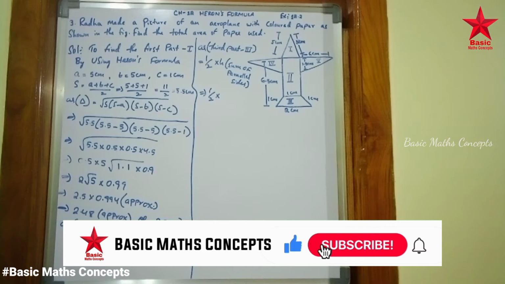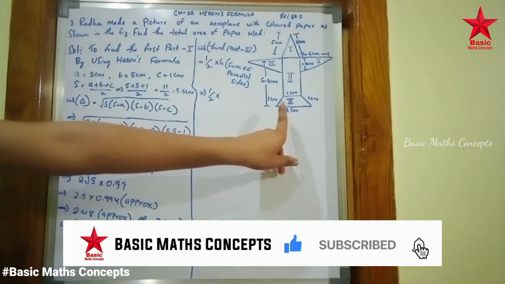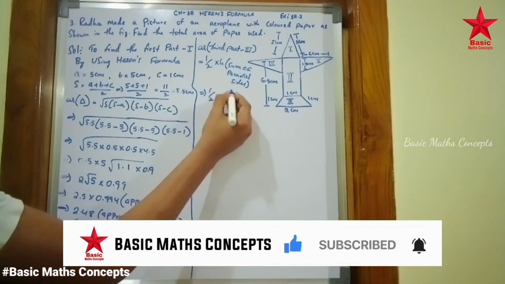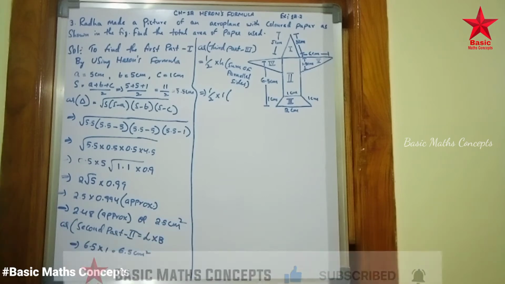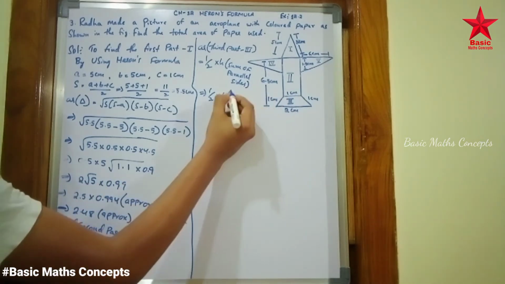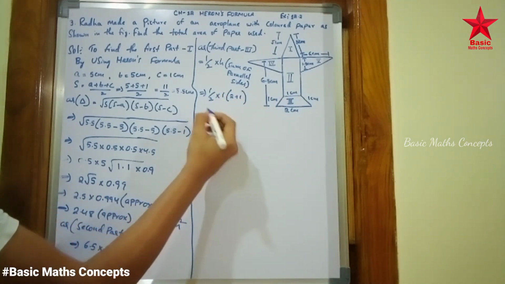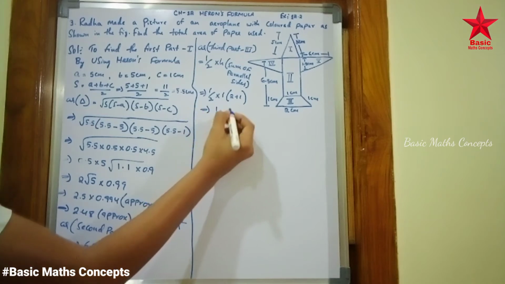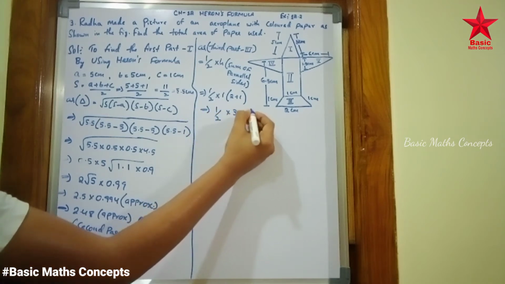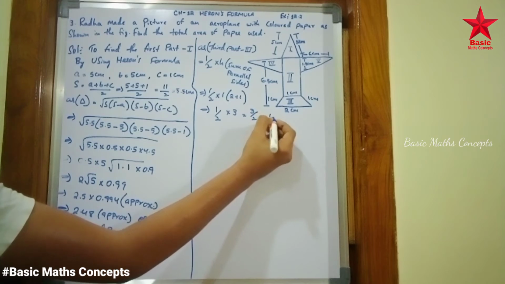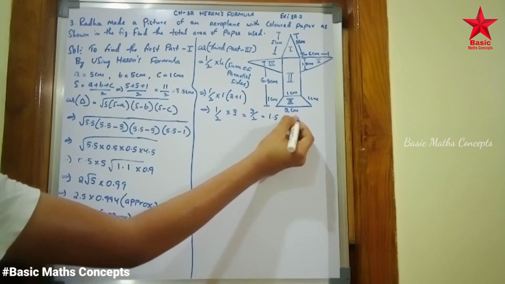The height of the third part is 1 centimeter. The parallel sides are 2 and 1. So 2 plus 1, this implies half into 3, that is 3 by 2, that is 1.5 centimeters square.